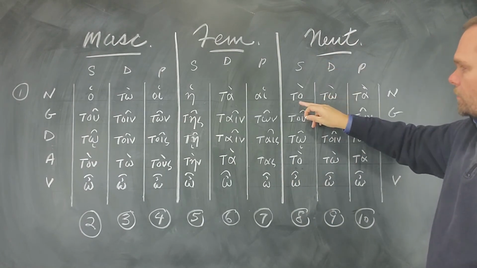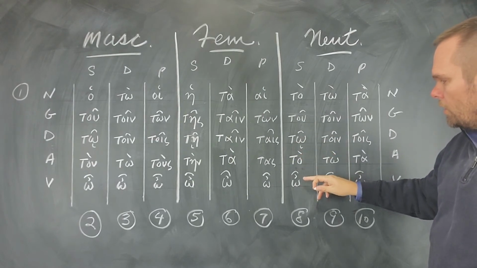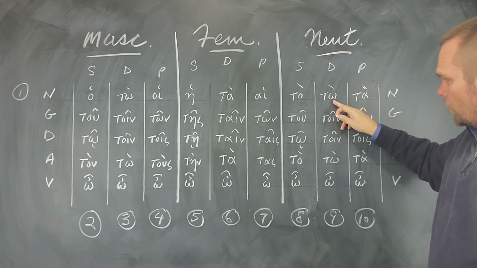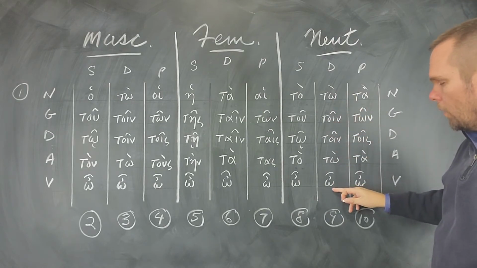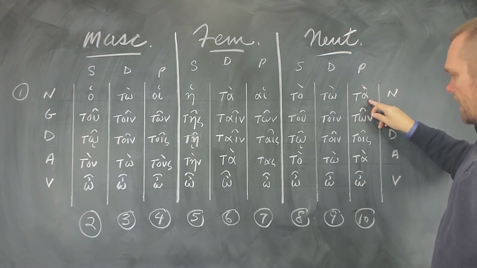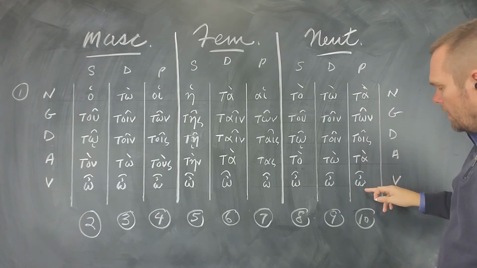Neuter singular. To, tou, to, to, o. Neuter dual. To, toin, toin, to, o. And lastly, neuter plural. Ta, ton, tois, ta, o.